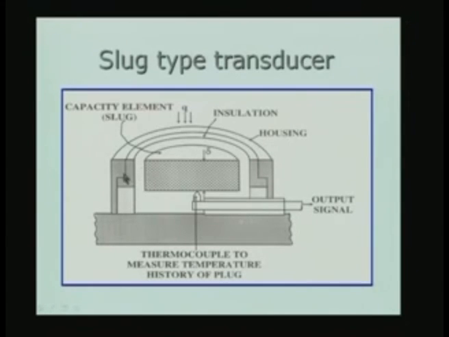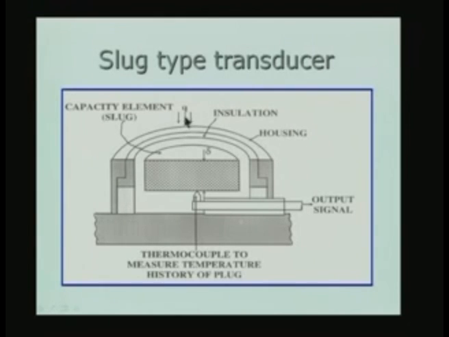So, if there is no heat loss from the slug, if I am going to heat it with a constant heat flux, if the specific heat of the material is constant, what will happen is, if it is thin enough, if the delta is small enough, the temperature of the slug will uniformly go up throughout the slug at a linear rate.